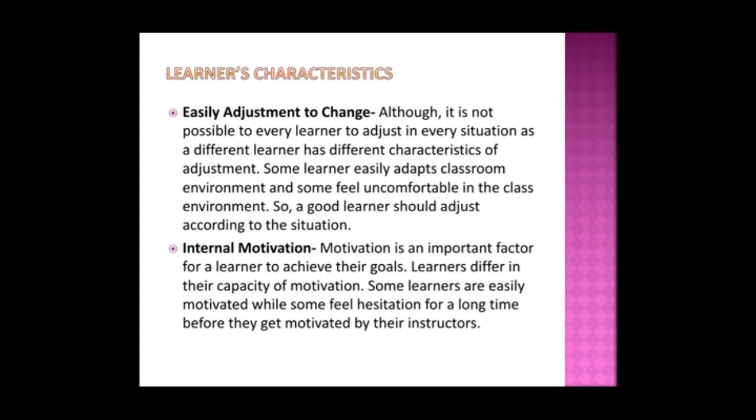Motivation is an important factor for a learner to achieve their goals. Okay, a teacher always has to motivate their students, and learners differ in their capacity of motivation. Some learners are easily motivated while some feel hesitation for a long time before they get motivated by their instructor.